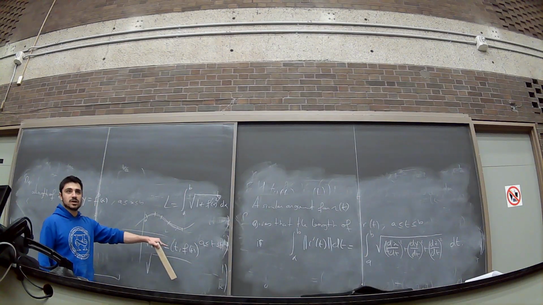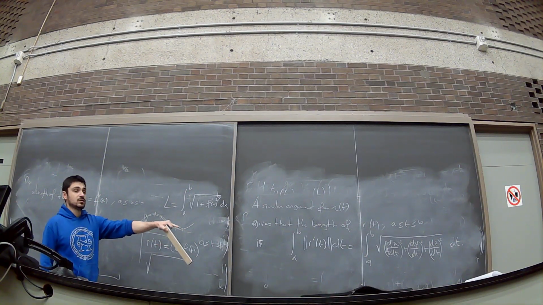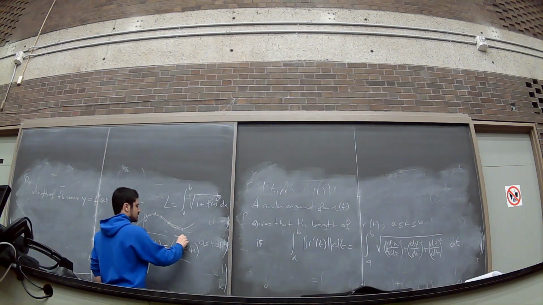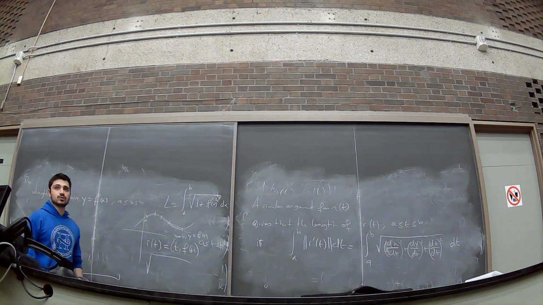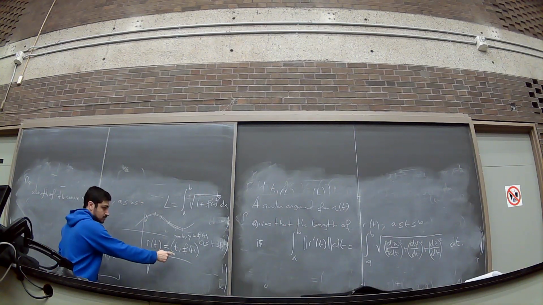What is dx by dt? Let's look at the formula. My x is t, and y is equal to f of t. dx by dt is 1.